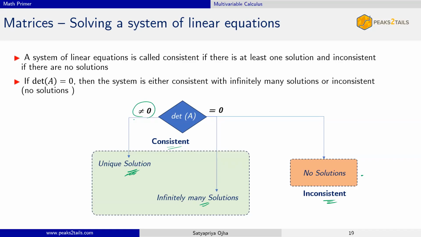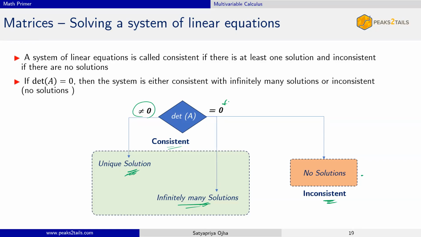That is just what we saw, right? If the determinant is non-zero, you get a unique solution. The matrix inverse exists and you multiply, you get one answer. There is no other ambiguity. In both other cases, infinitely many solutions and no solution, the determinant of A would be 0.